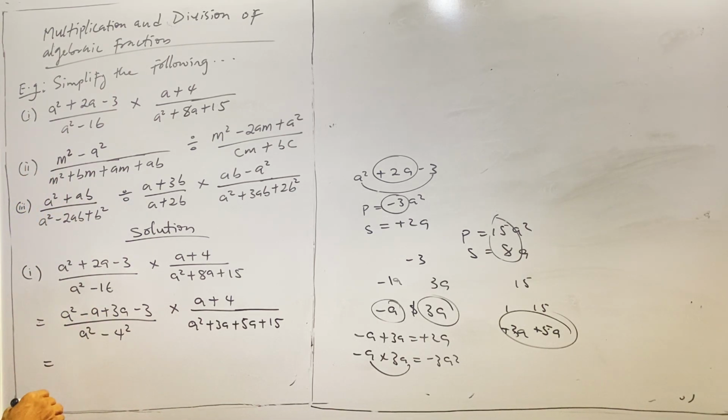So this will be equal to, we group them two by two, so we have a squared minus a plus 3a minus 3, all over the difference of two squares, which is a plus 4 into a minus 4.